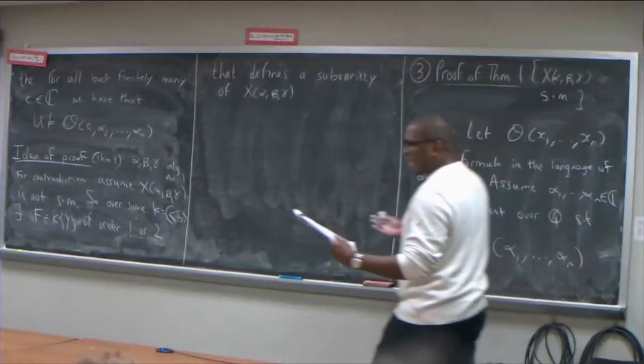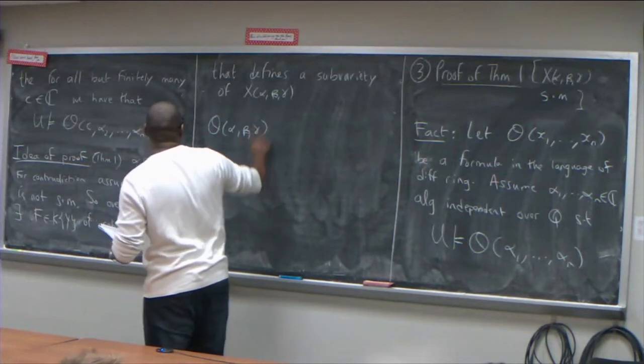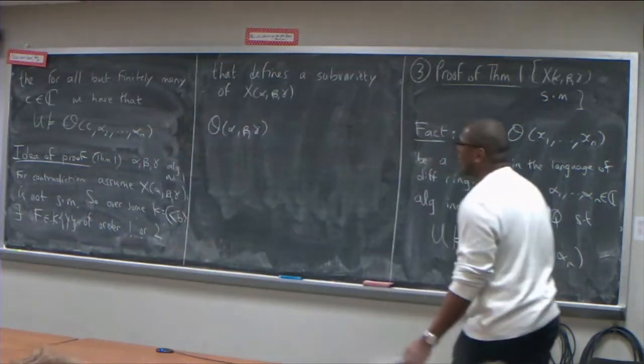And so what's going to be my phi of alpha, beta, gamma?